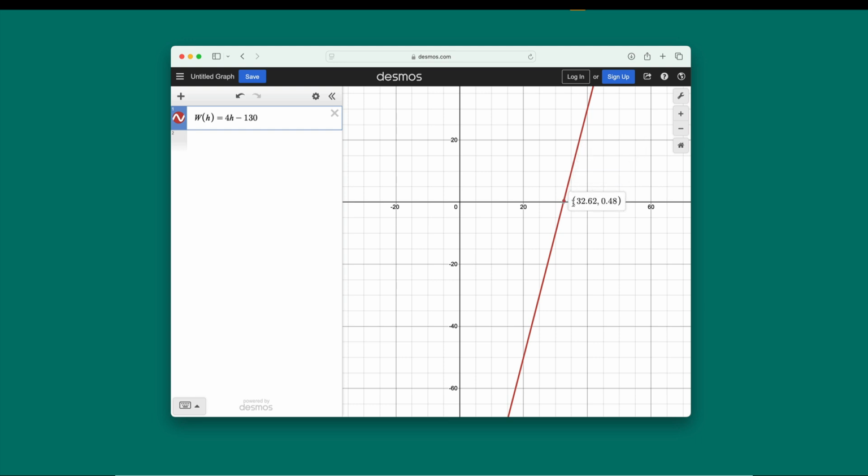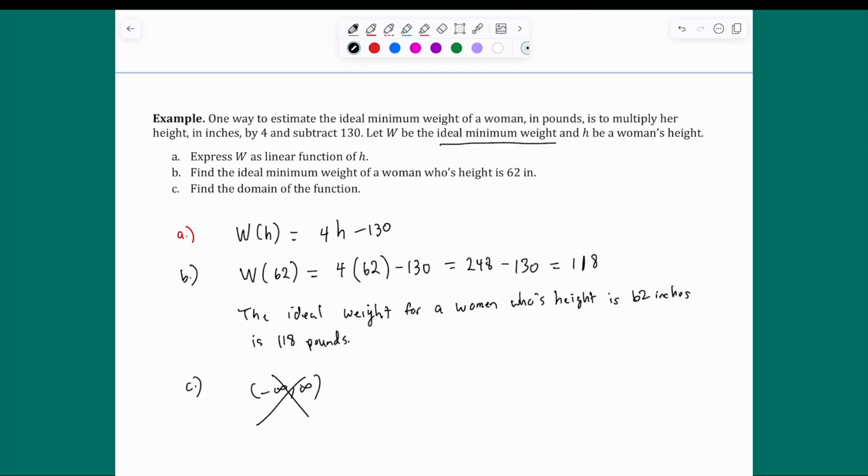So that lets us know that we probably want to take the domain, in set-builder notation, to be the set of inputs H such that H is greater than 32.5.